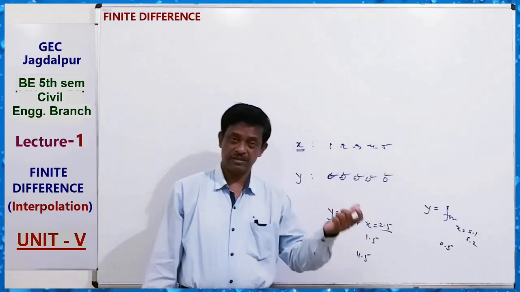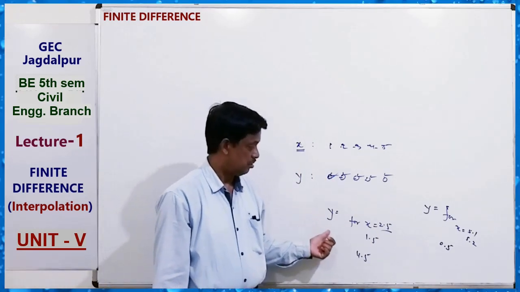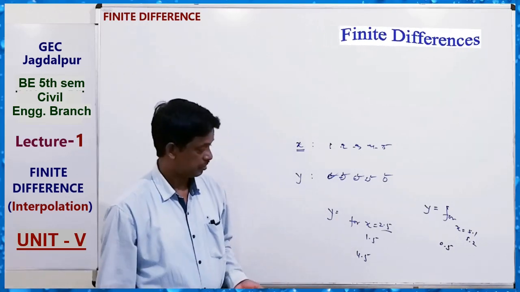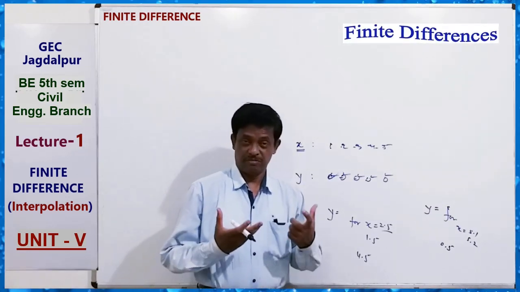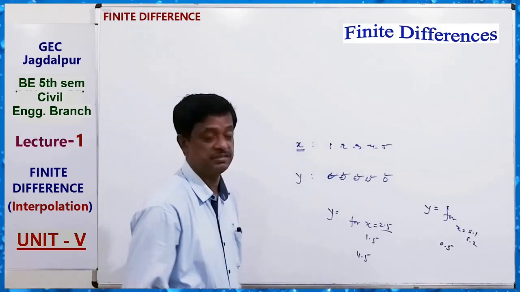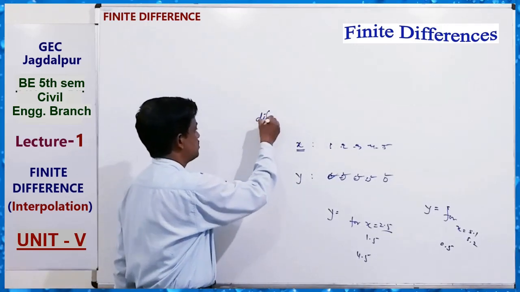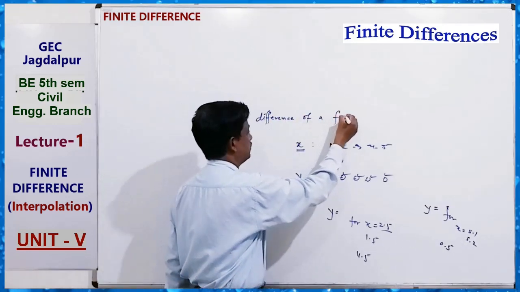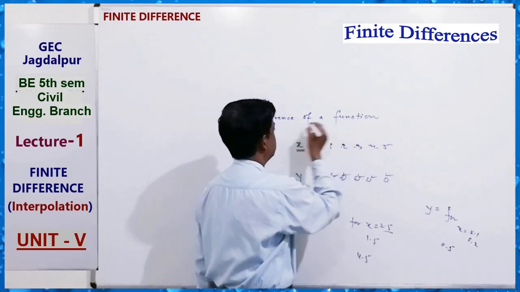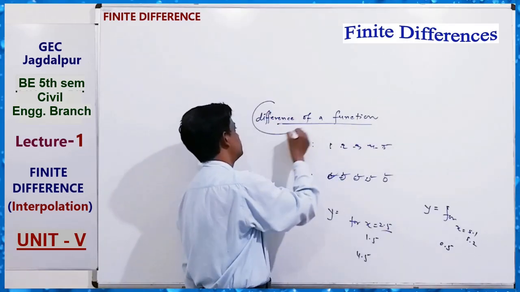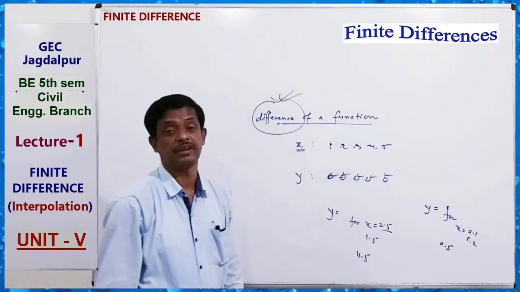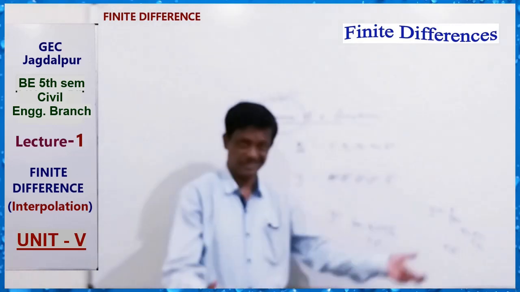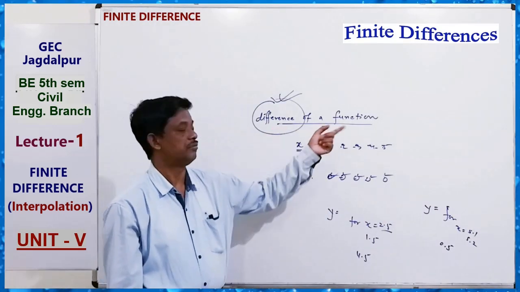For interpolation and extrapolation of the value of the dependent quantity, that is the value of the function, we use the concept of difference. Difference of a function. This is a new thing. Now we have to discuss the difference of a function.